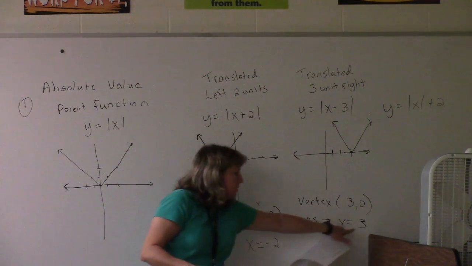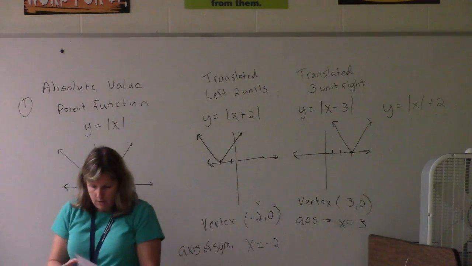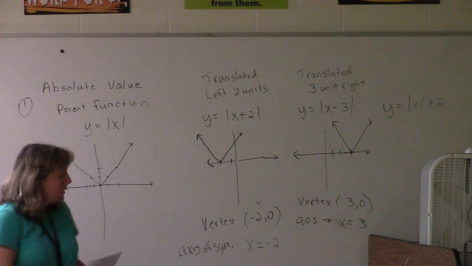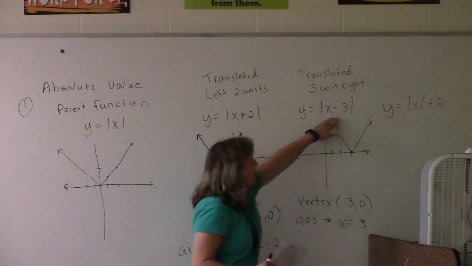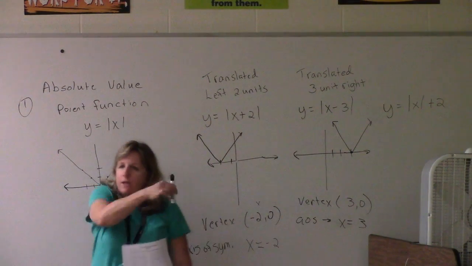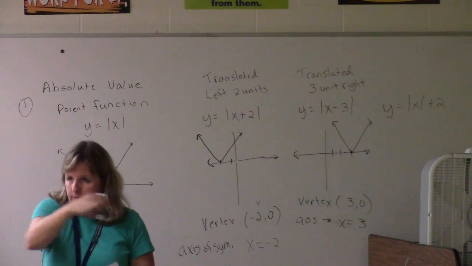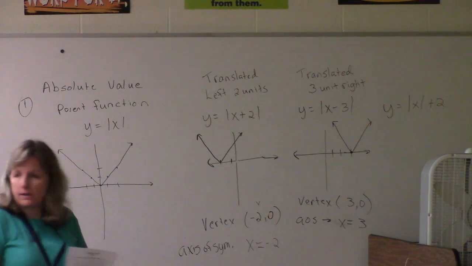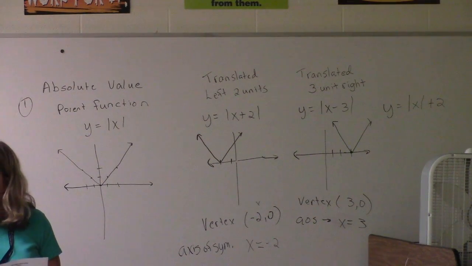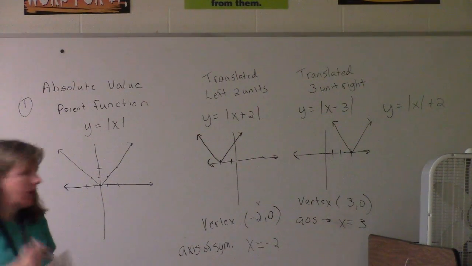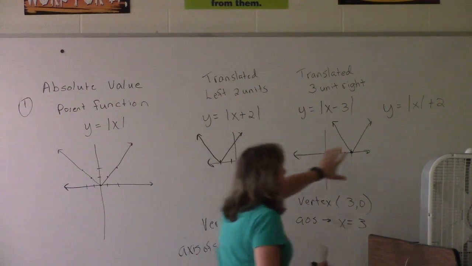Axis, x equals the x value. All right. Now, looking at that number 4, notice inside my absolute values, it seems to move that right and left. Okay? So that's moving it right and left. Now, what happened when we did x plus 2?